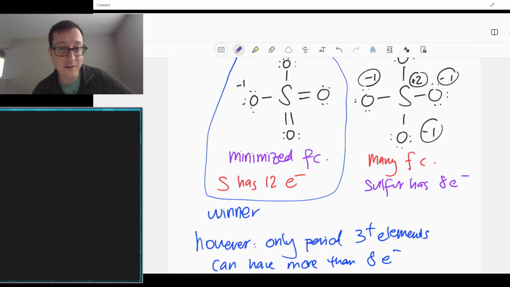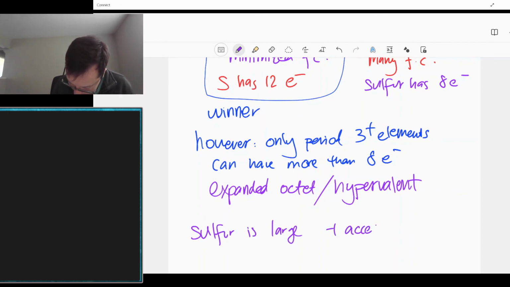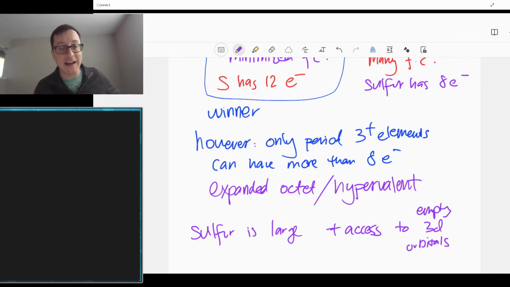We have to also consider sulfur is bigger, so it has more room to accommodate more bonds. So sulfur is large plus access to 3d orbitals, empty ones, and so it can accommodate extra electrons. All right, but something like nitrogen can't.